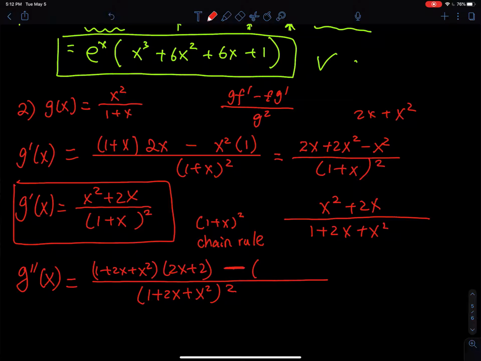You subtract what? You subtract fg prime, so x squared plus 2x, and then the derivative of the denominator, that is 1 plus 2x plus x squared.